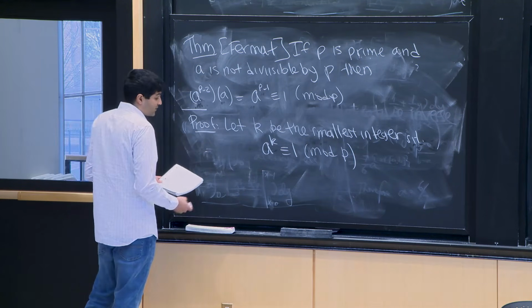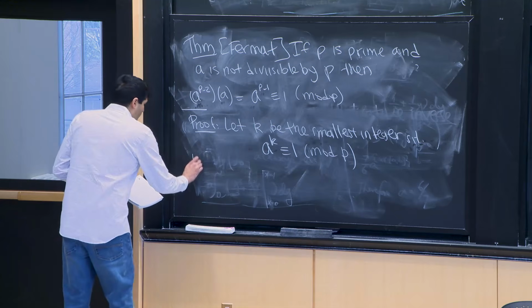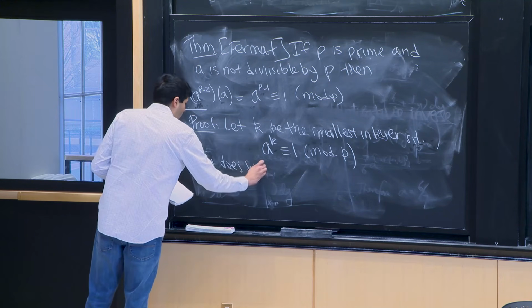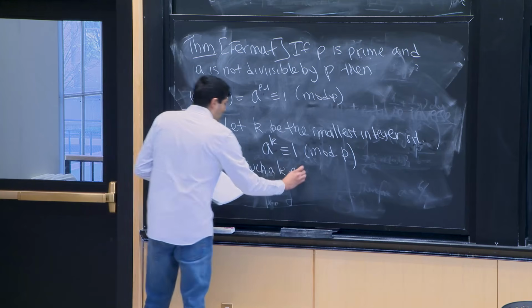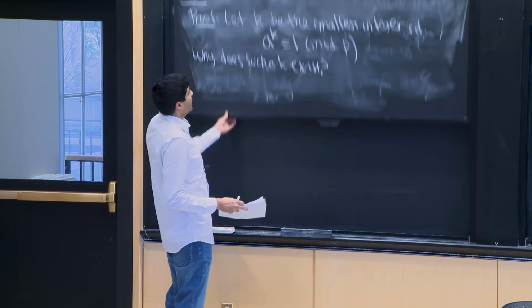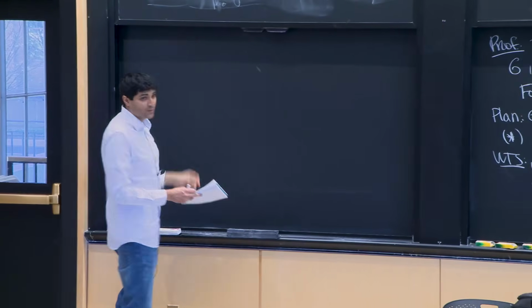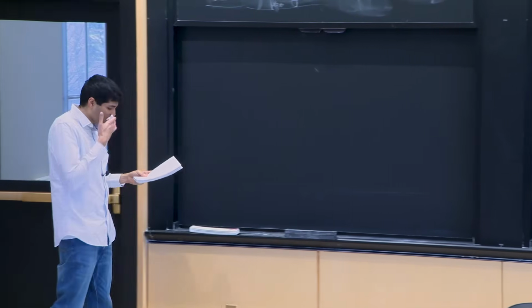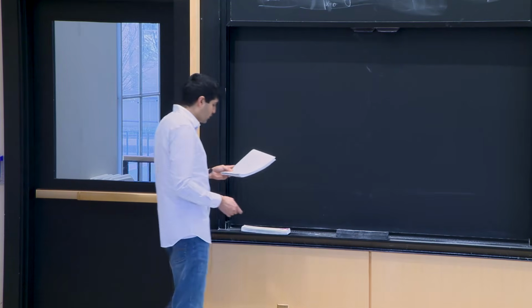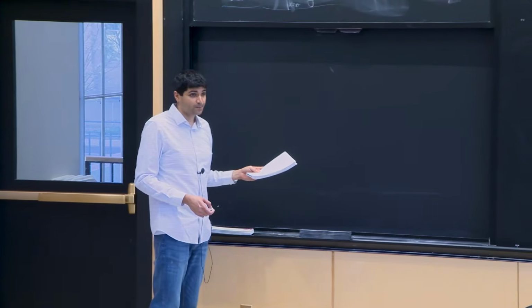First, I have to show that such a k exists. So why is there any k? And now we get to use a lot of the tools we've talked about in the class so far. So we get to connect it to a lot of earlier tools, right? I claim we can prove this by the pigeonhole principle.